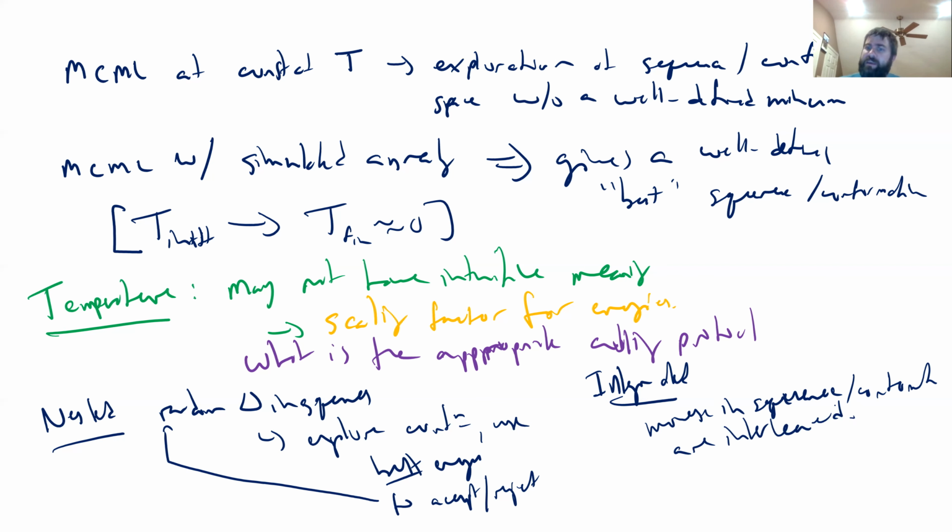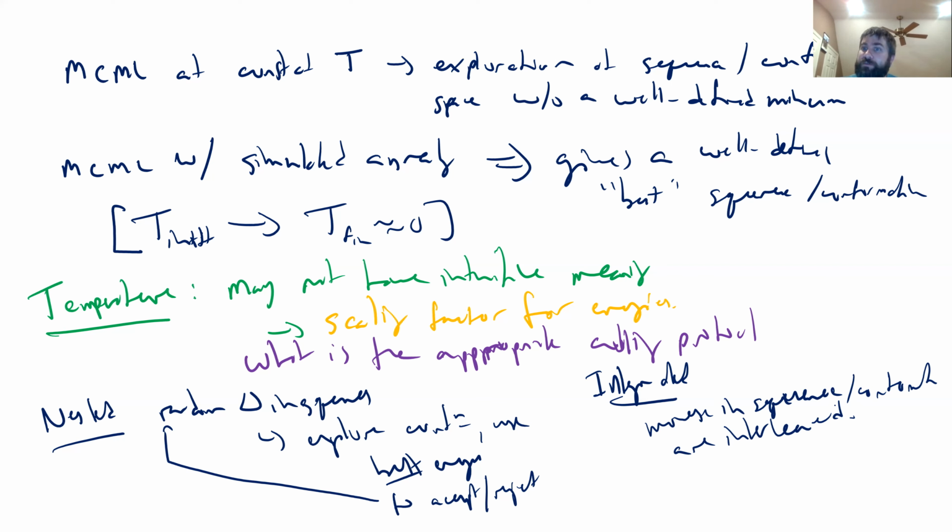What do I mean by that? It means that really at any single move point, you might choose a move in sequence, you might choose a move in conformation, and they might not be balanced. One might be more frequent than the other, but there's no real structure requiring one or the other.